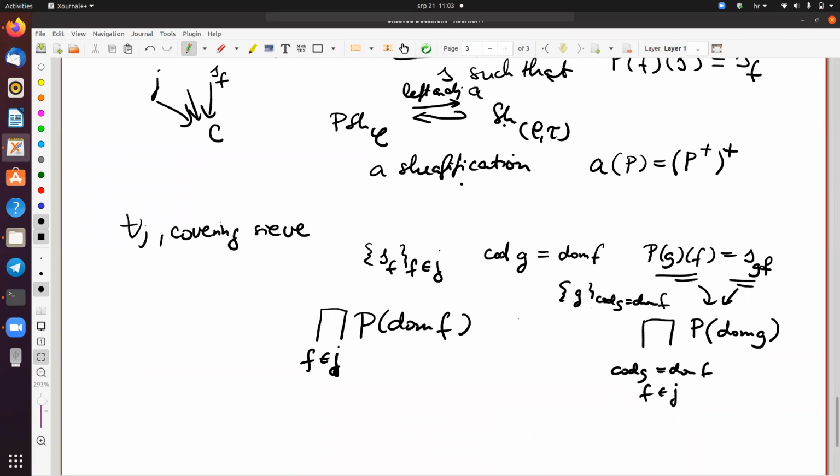And now I have two maps. One is that you simply take P of G applied to S_F. Here is a mistyped, it is S_F.